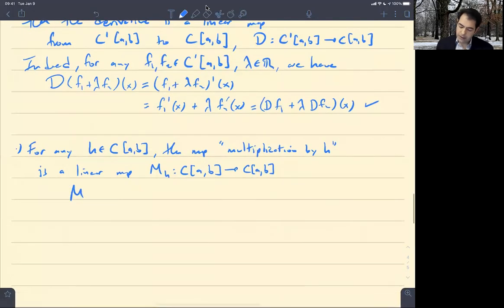So M_h of a function f is another function, so I have to tell you what it does to a point x. What it does is h of x times f of x. So I'll let you check that this is indeed a linear map.